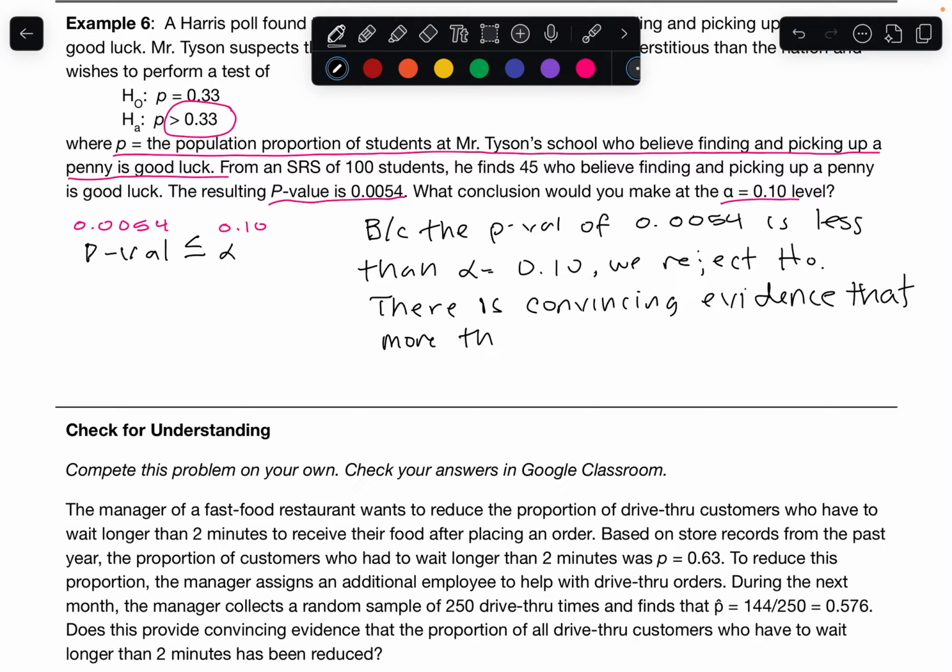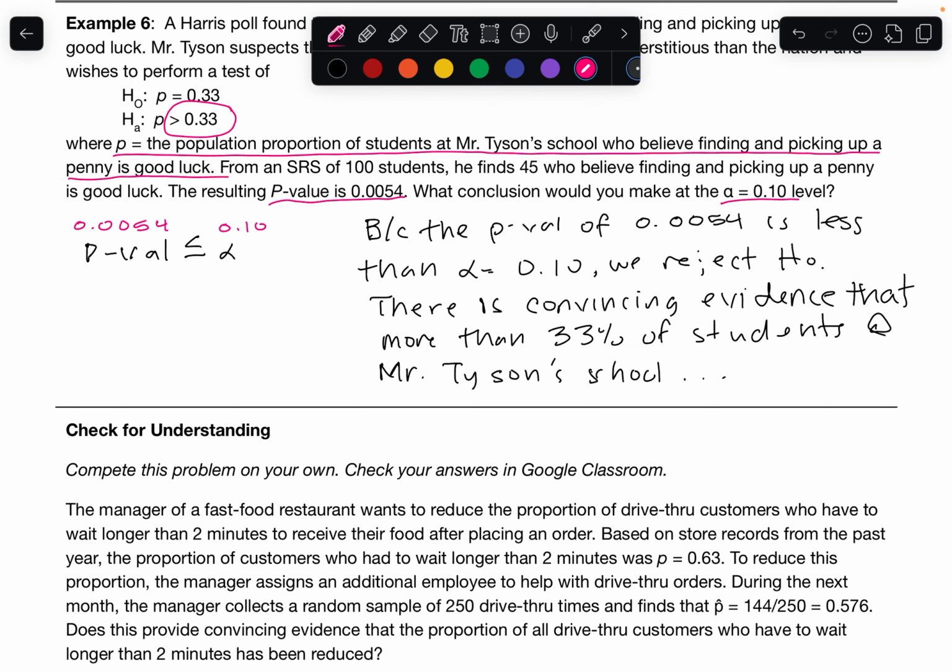more than 33% of students at Mr. Tyson's school, oh, this is a lot of writing, believe finding and picking up a penny is good luck, because I'm going to run out of space.